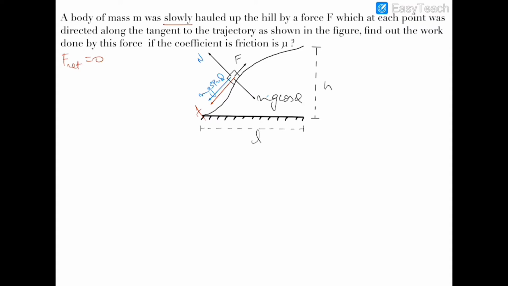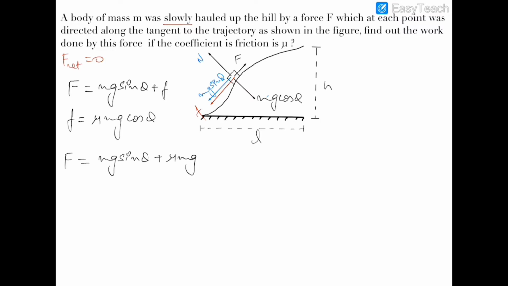Since the net force on this block is 0, F will be equal to mg sin theta plus friction, where friction is mu mg cos theta. So F will be equal to mg sin theta plus mu mg cos theta. This is the force F. Now let us suppose that this block is displaced by a small displacement tangentially, which is ds.